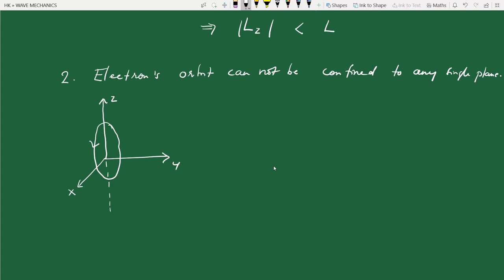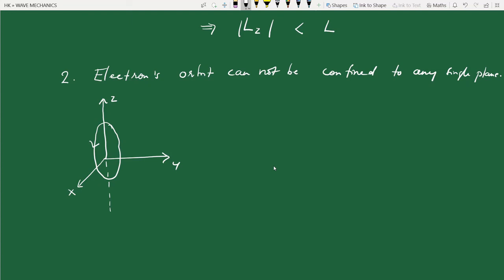Or let us say this is the yz plane, on the surface of this board. The x-axis is towards you, so that is easier to visualize. So the electron's orbit is confined to the plane of this board, which is the yz plane, and the x-axis is towards you. Okay, so that is the direction of the angular momentum vector.